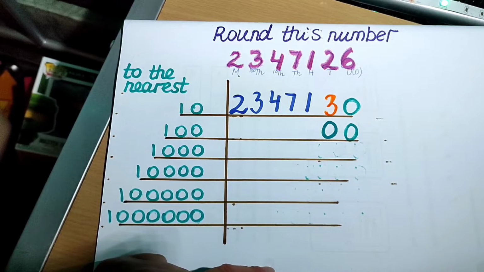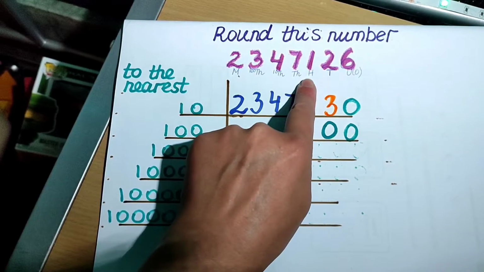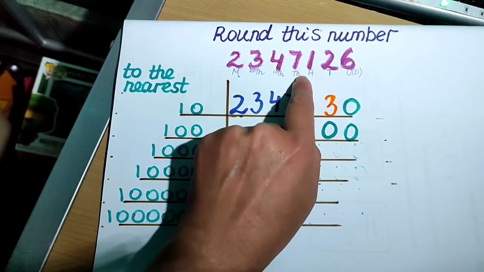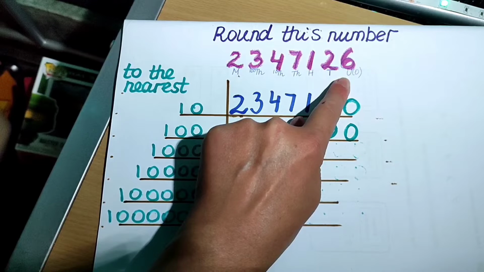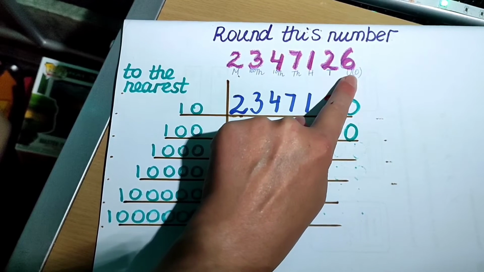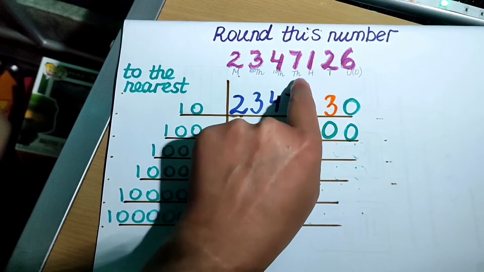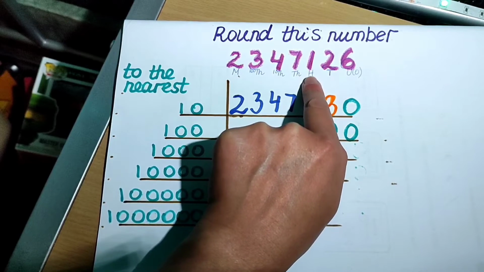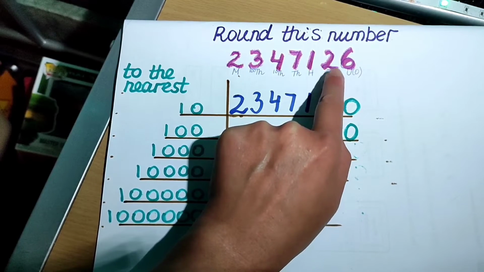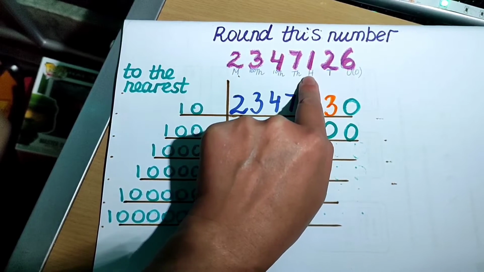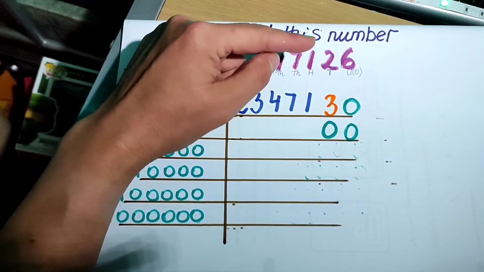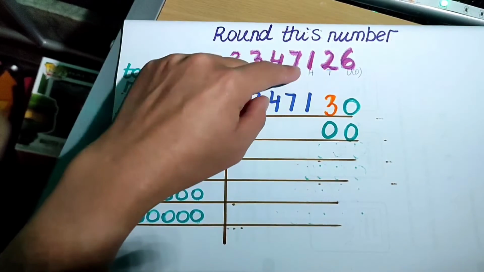Okay, now let's look at the hundreds. 126. Is 126 closer to 100 or is it closer to 200? Well, we know it's closer to 100, but we can also check by looking at the tenths, because our tenths determine if our hundreds stay the same or if we are going to round them up.